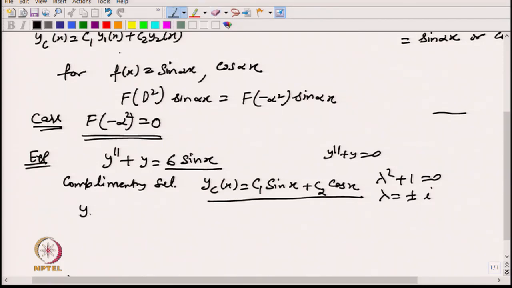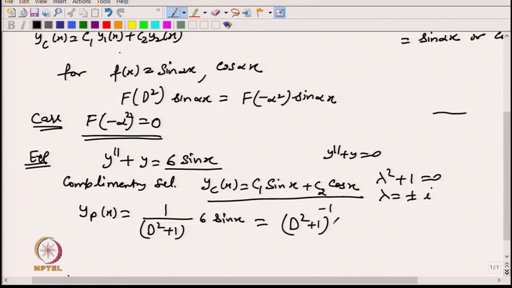My particular solution yp(x) in this case will be 1 over D square plus 1 of 6 sin x. Sometimes we write this as minus 1, but in some books, just to solve this one, the inverse is represented this way.